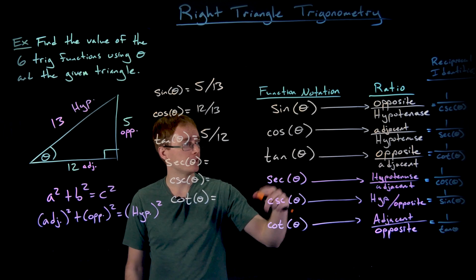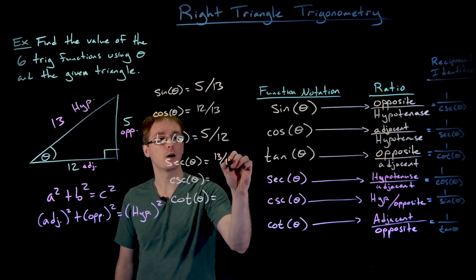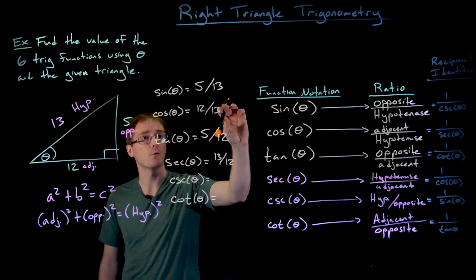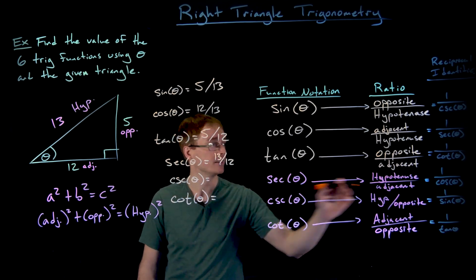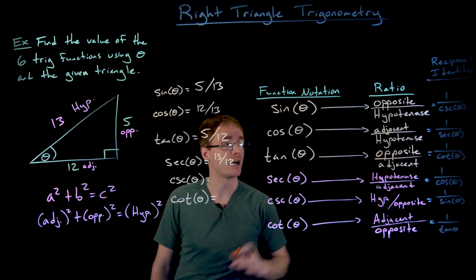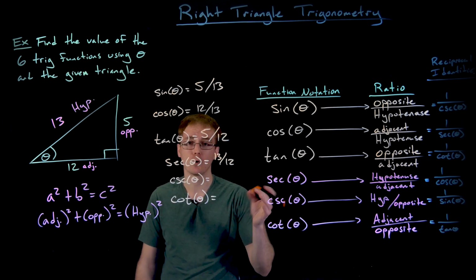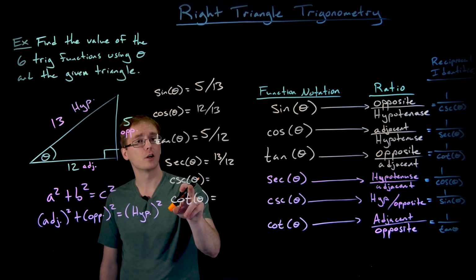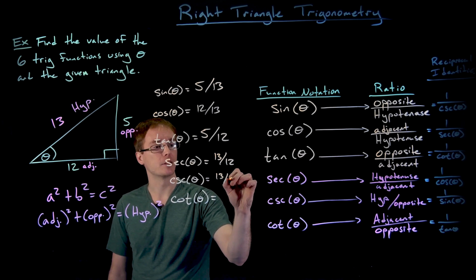Secant is going to be hypotenuse over adjacent, so that'll be 13/12. Notice that is the reciprocal, or just the flipped over fraction, of our cosine value of 12/13. That matches up with our reciprocal identity. Secant is just the reciprocal, or 1 over cosine. Cosecant is the reciprocal, 1 over sine, so that'll be 13/5.